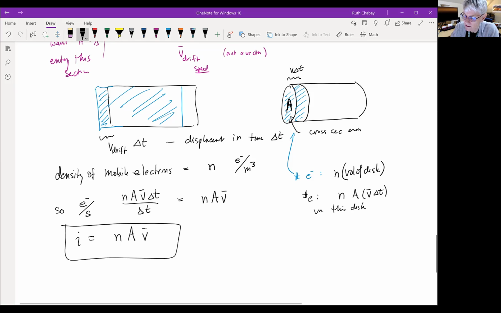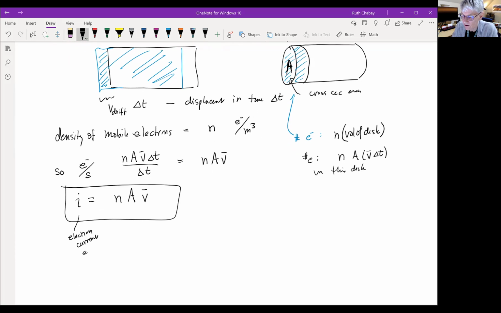So let's label this current in electrons per second. That's the density of mobile electrons. So this is electrons per cubic meter.